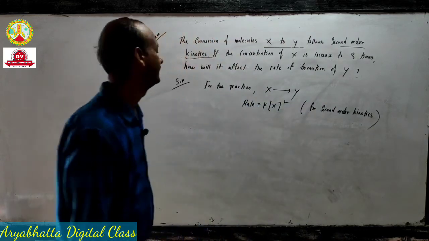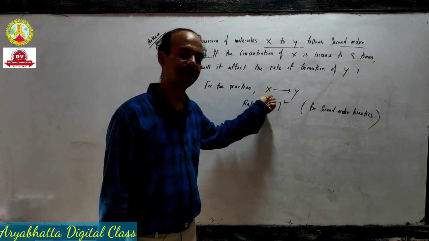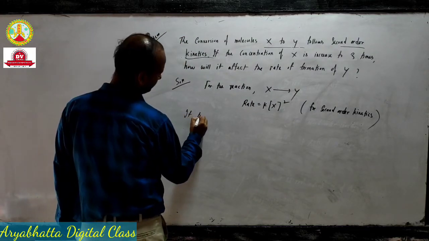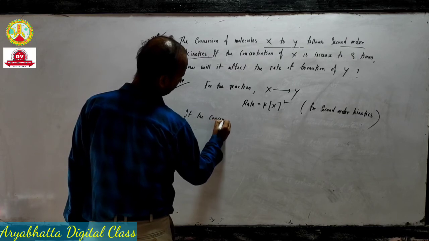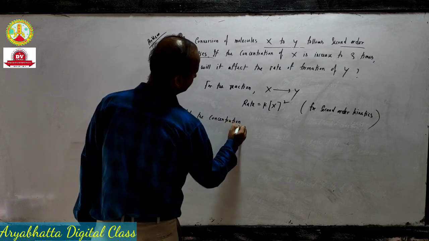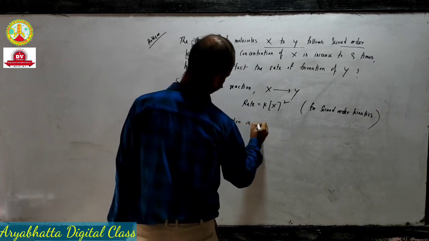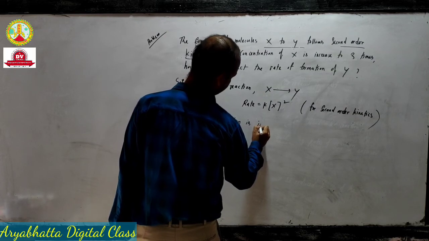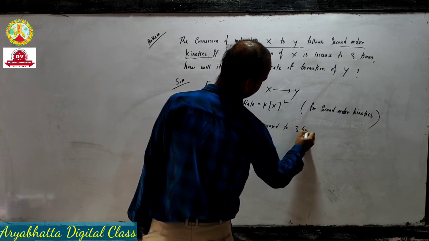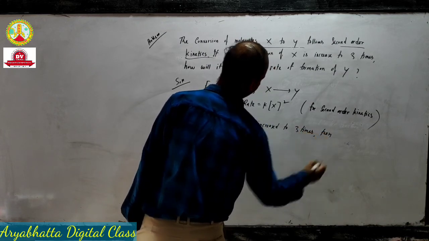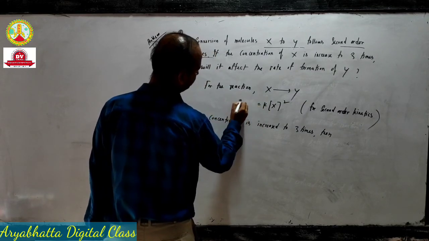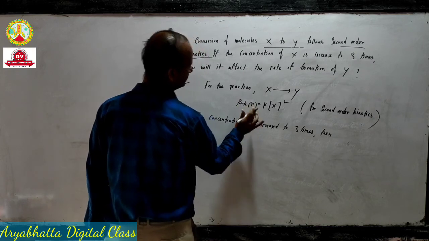Okay. Now let's see. In this case, concentration of x is increased to 3 times. Then this is R, the first rate.